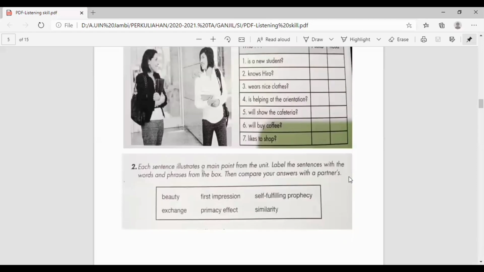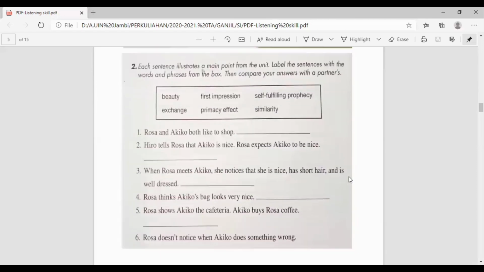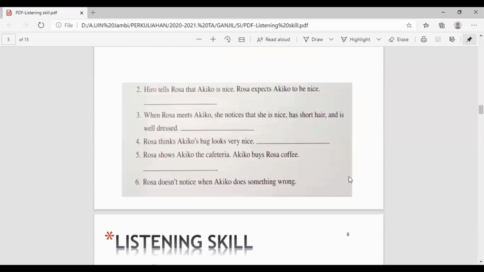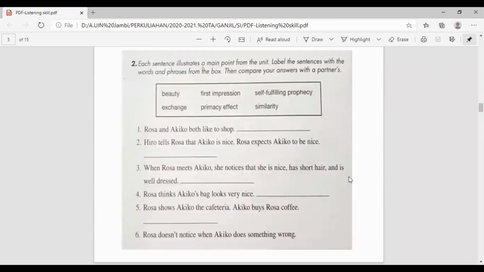For this listening part. So now, the last exercise for this listening skill. So please go and complete the sentence here in number 2. Each sentence illustrates a main point from the unit.